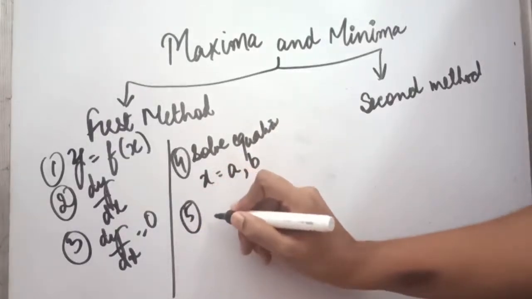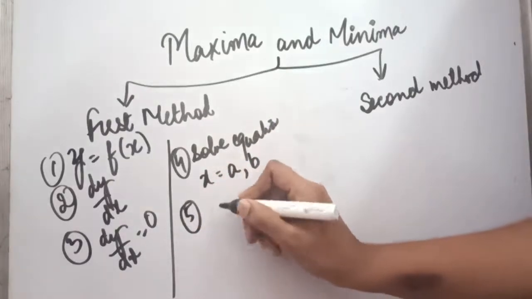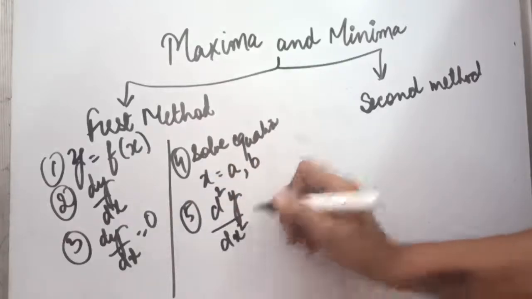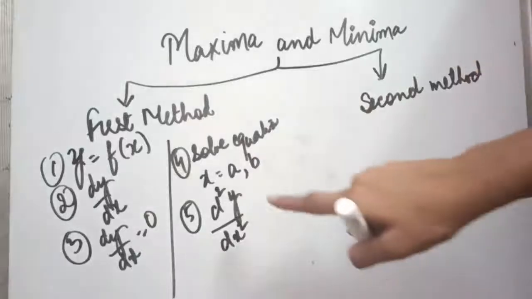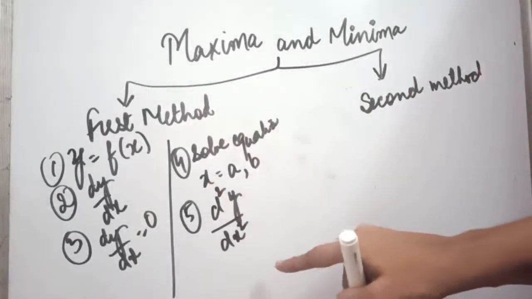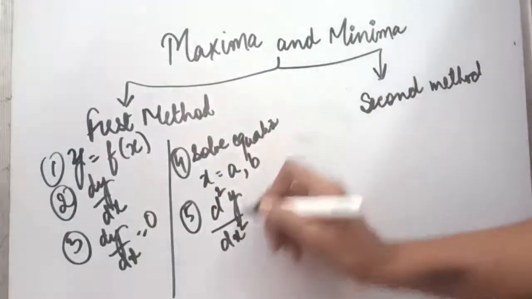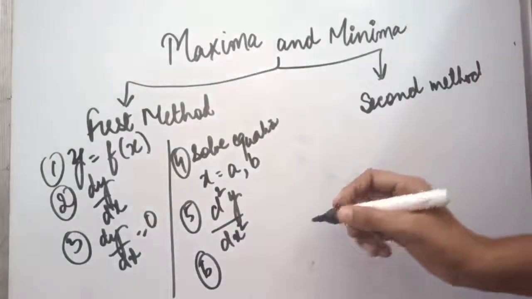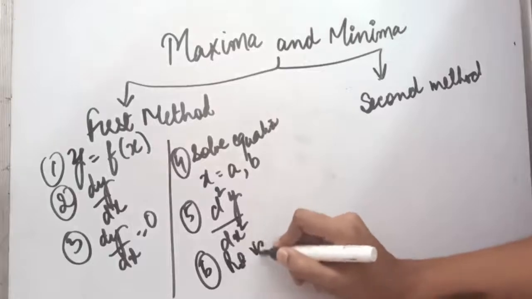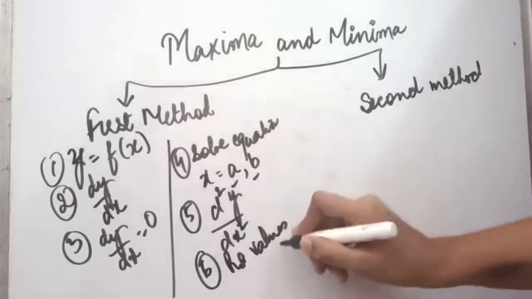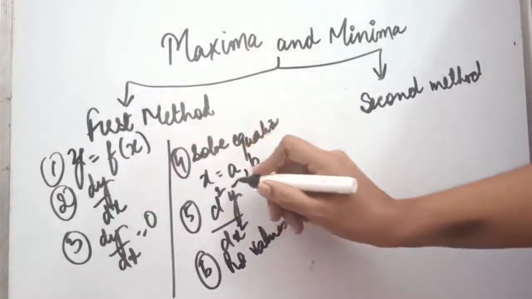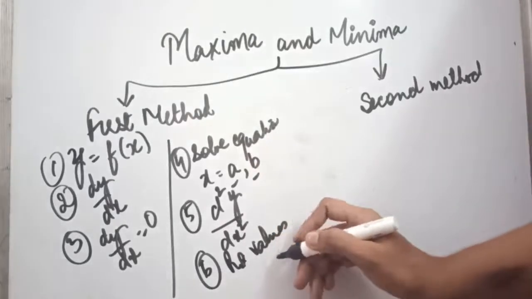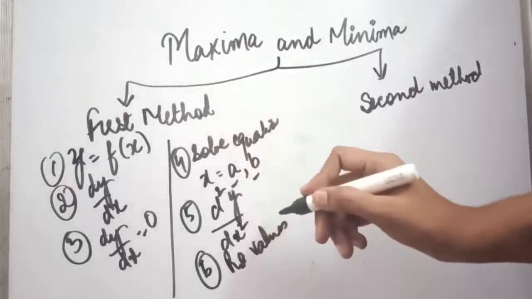Then in the fifth step, you will again find the derivative of the derivative you have got. That will be known as d square y divided by dx square. Now in the sixth step, we will put the values of x, that is a and b, which we calculated in step number 4, one by one into the second derivative.